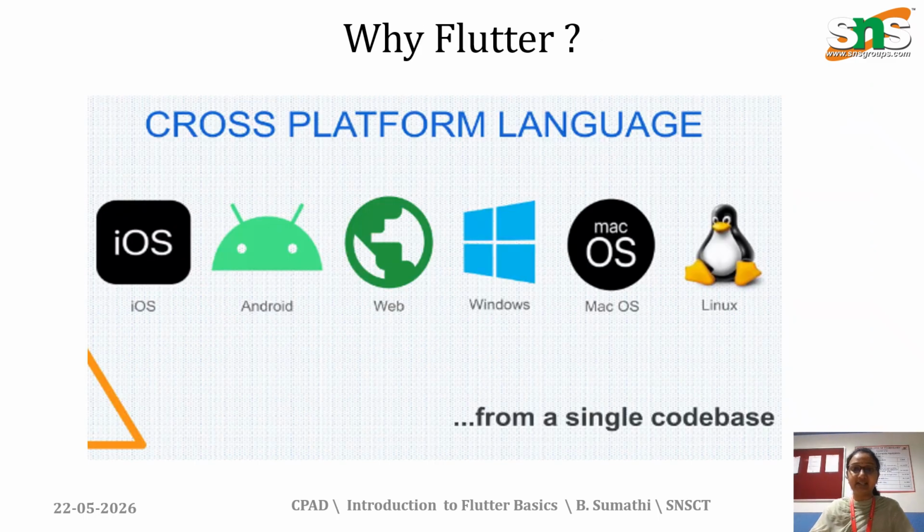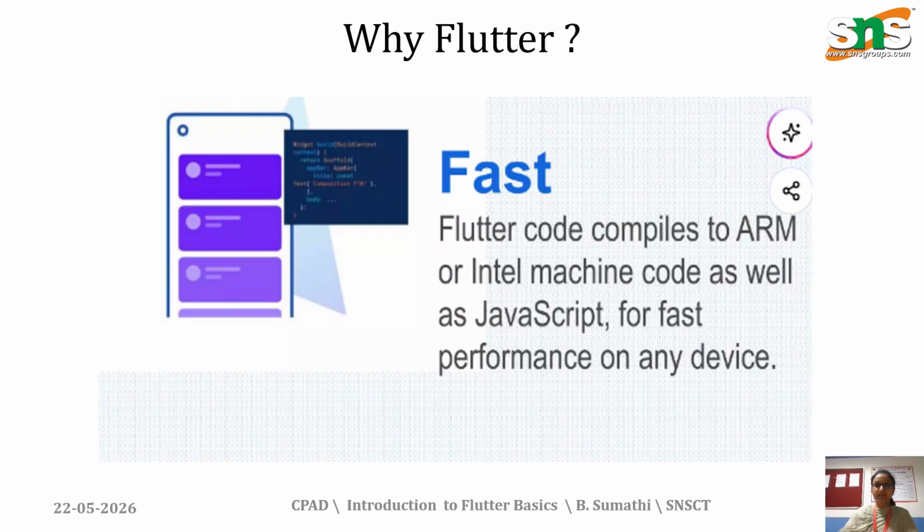Why Flutter? We have already seen the definition: a single code can run on multiple platforms. For this main advantage, we go for Flutter. As the images show, a single code can run on multiple operating systems such as iOS, Android, Web, Windows, macOS, Linux, etc. Flutter is also fast: code is compiled to ARM or Intel machine code as well as JavaScript for fast performance on any device.